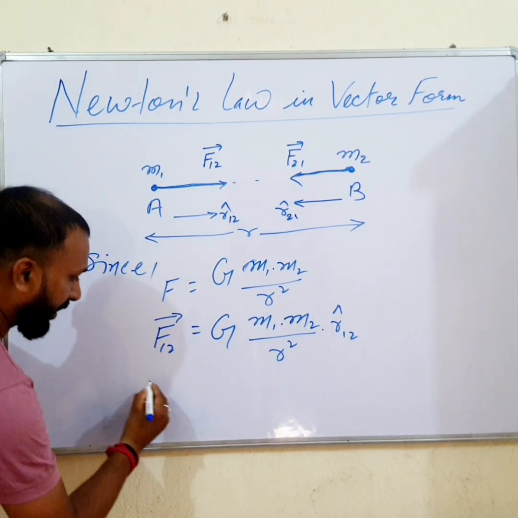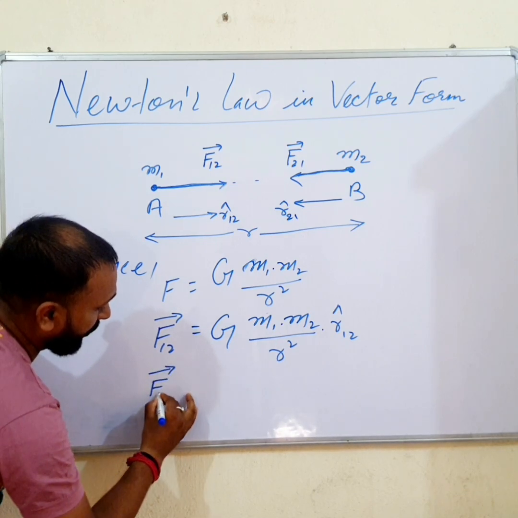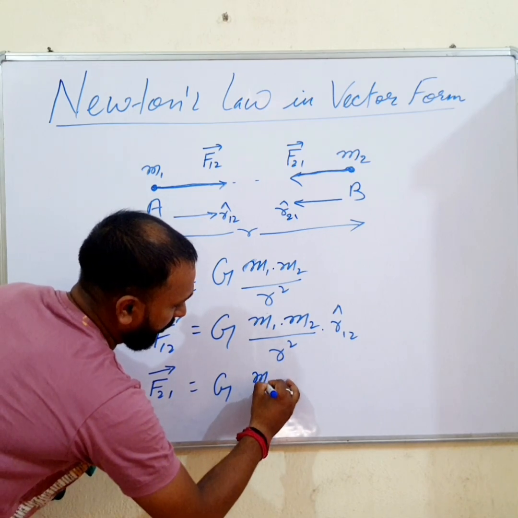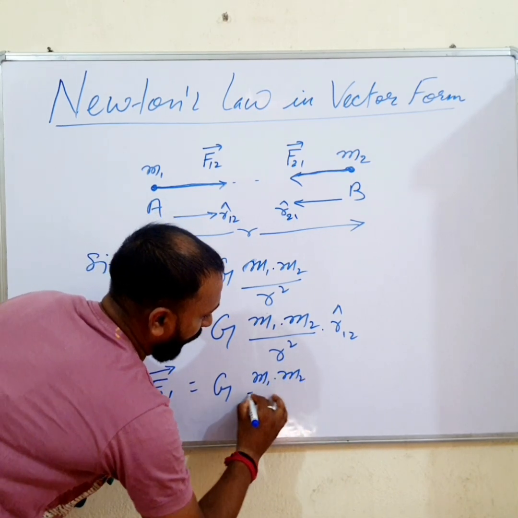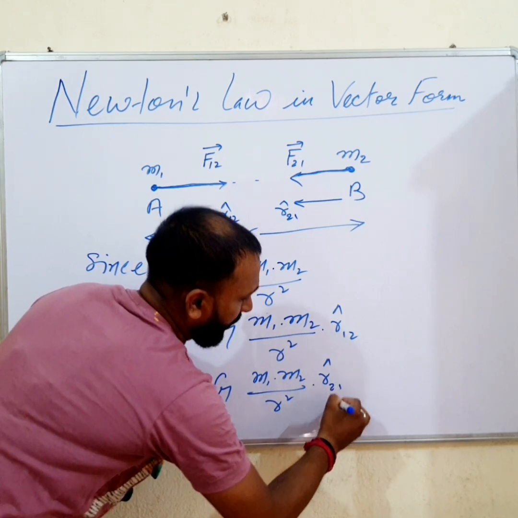Similarly, we can write F21 vector equals m1 m2 upon r square times r cap 21.